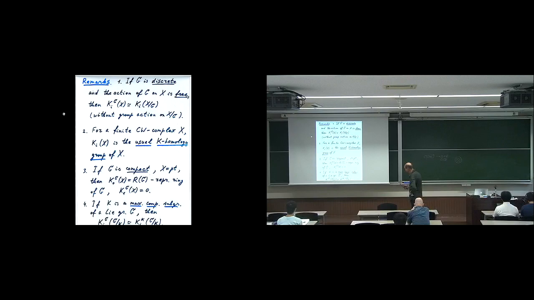What I want to point out is that for the case of G mod K, where G is a Lie group and K a maximal compact subgroup, we will need the following fact: that this abstract group with the action of G reduces actually to this abstract group with the action of the maximal compact subgroup. This is an important thing.